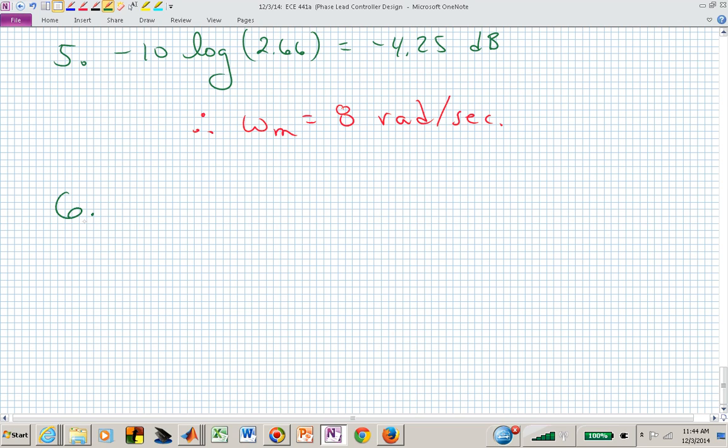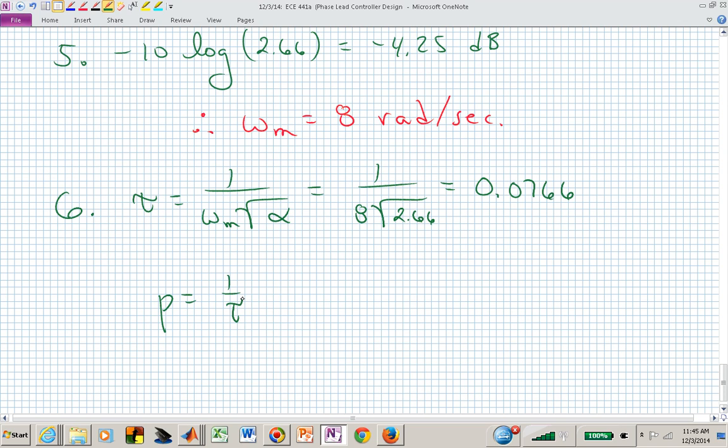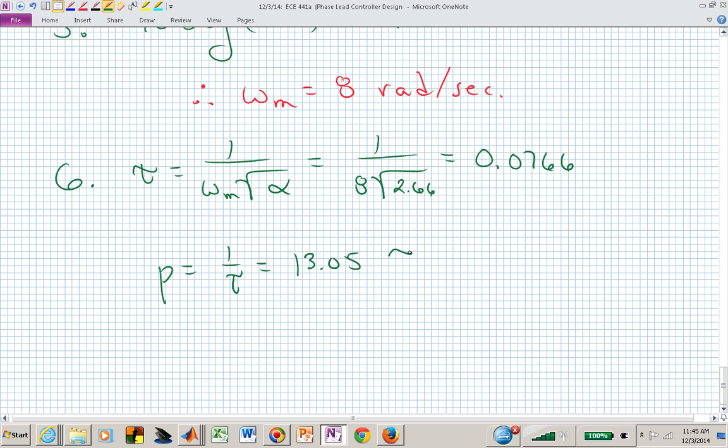So with that centering, we can now find our time constant, tau, of our pole, which is 1 over omega sub m square root of alpha, which is 1 over 8 square root of 2.66, and our tau now becomes 0.0766. Our pole is now 1 over tau, which is 13.05. So we may just approximate that to be 13.